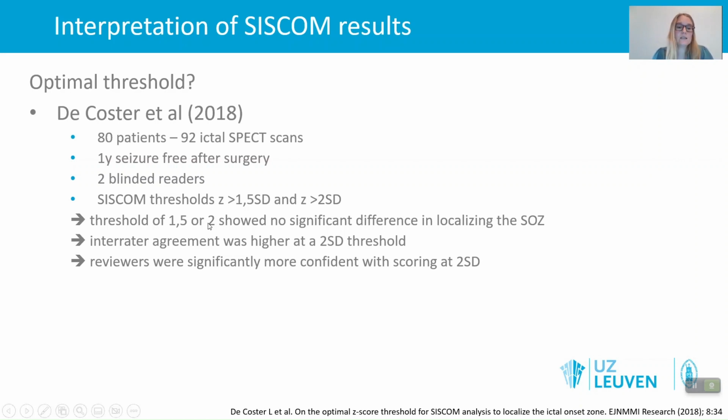So in practice, we start with 2 standard deviations while integrating all the other clinical information and other image modalities. You can play with it. You can look at it unthresholded to see the whole network. So it's a bit patient dependent, I would say.